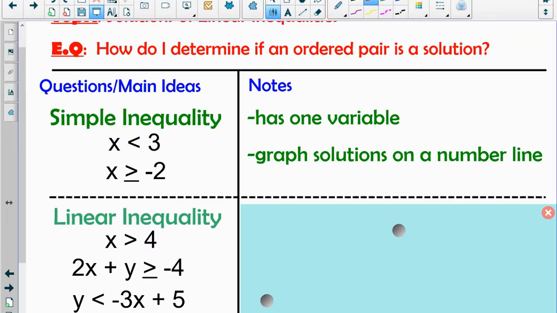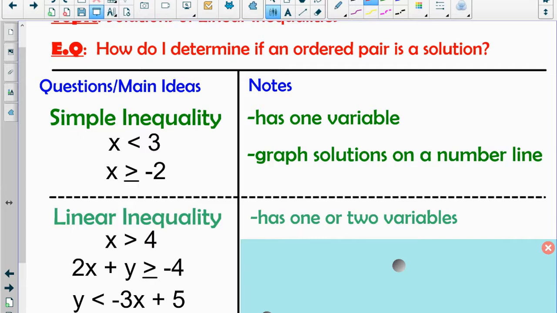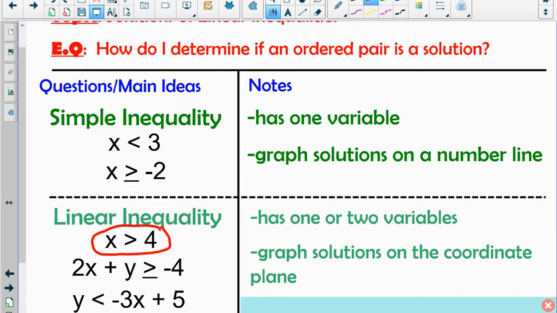Linear inequalities implies that we're working with lines because of that word linear. Now, linear inequalities can have either one or two variables. You'll see an example here that looks like a simple inequality, but it can also represent a linear inequality, something that we would graph using the coordinate plane.